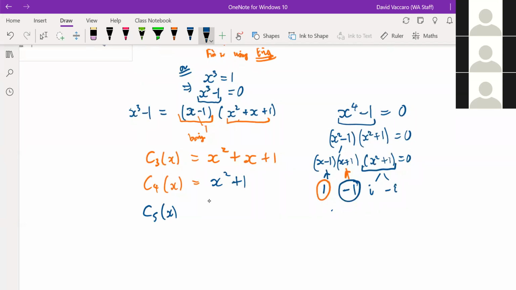C5 of x, we get x to the 5 minus 1. If we factorize it, we get x minus 1 times x to the 4 plus x cubed plus x squared plus x plus 1.